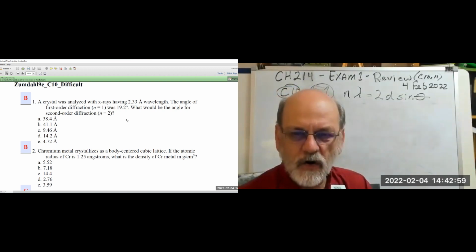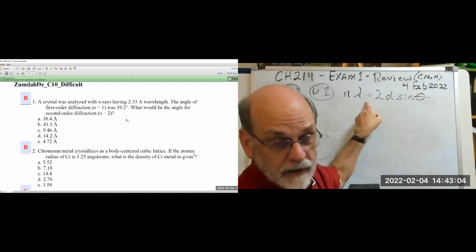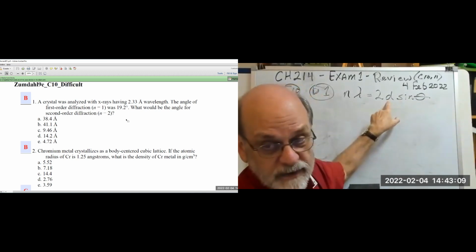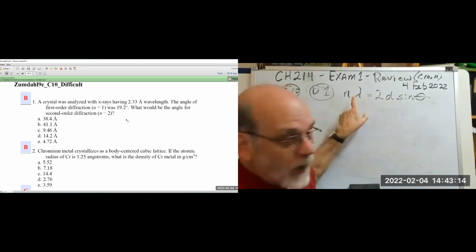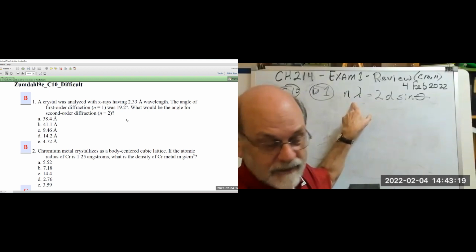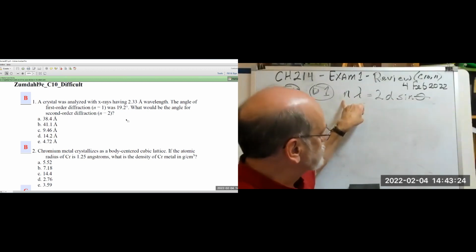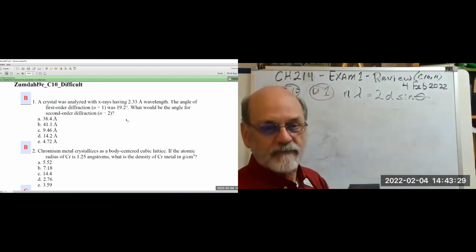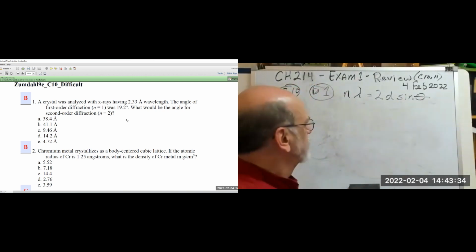What we need to know in order to solve this equation for the new angle: the distance is going to be the same for the same crystal. The wavelength of the light shined on the crystal is the same. The n is going to change. So when the n changes, it changes the angle.